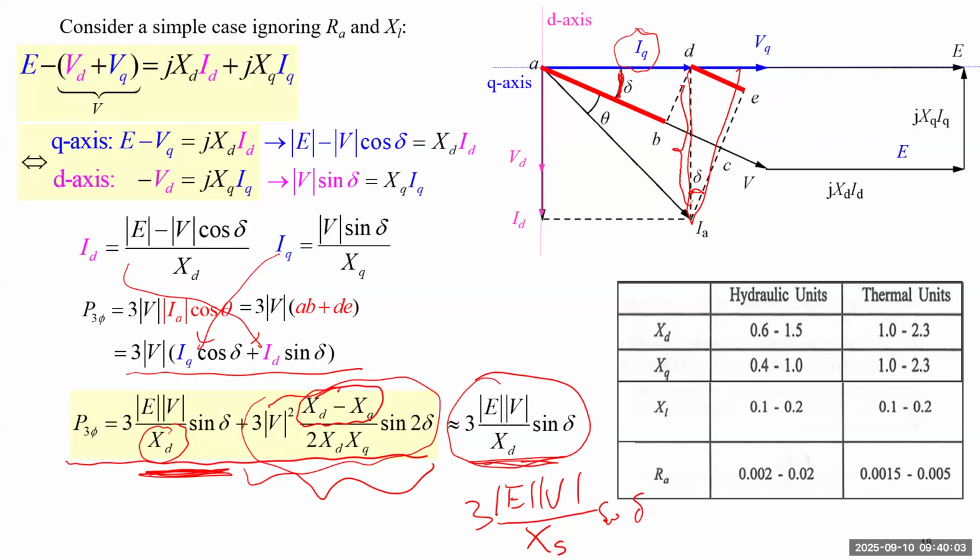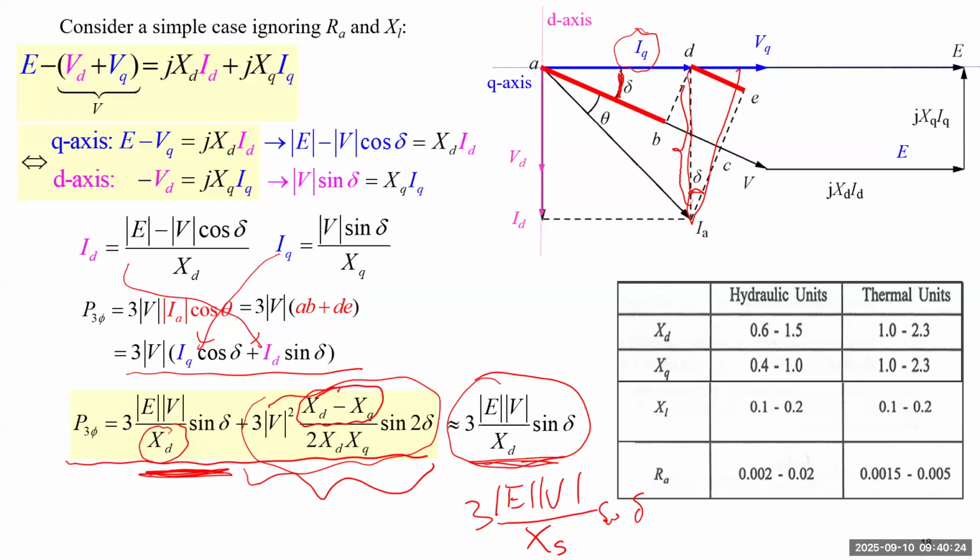And for the hydraulic unit, the hydro power plant generator, you see the SD, SQ, SD is slightly bigger than SQ. So the difference is not big. The difference is maybe 30 to 50%.